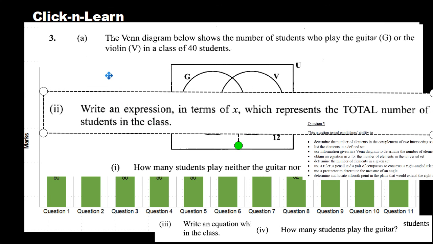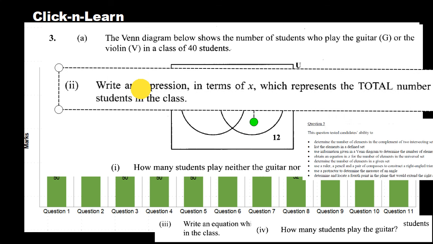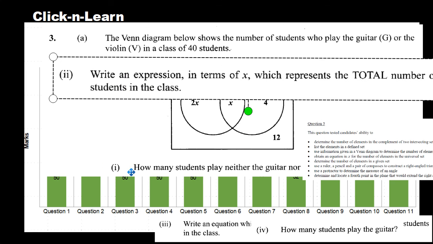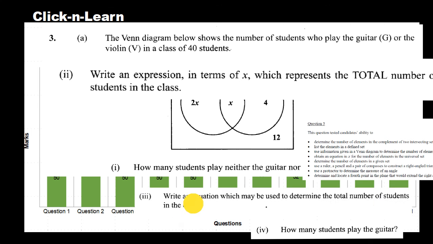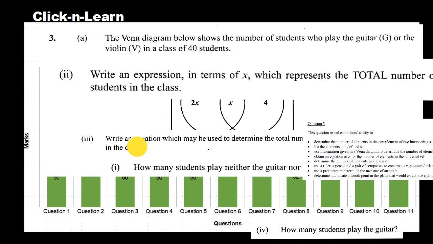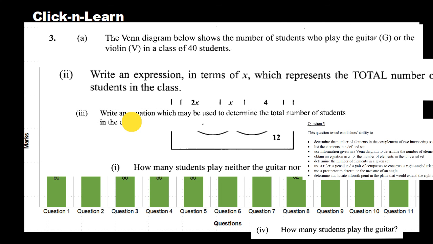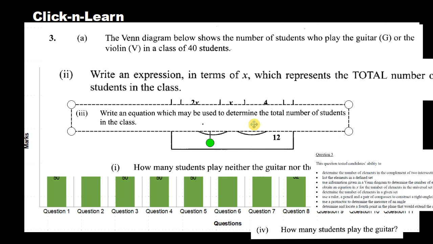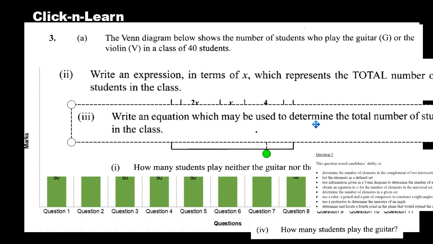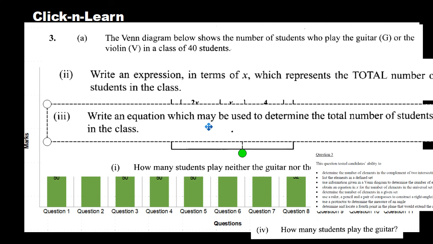A part had a subsection 2, then subsection 1 and 2, and then it had another part with 3. Write an equation which may be used to determine the total number of students in the class.